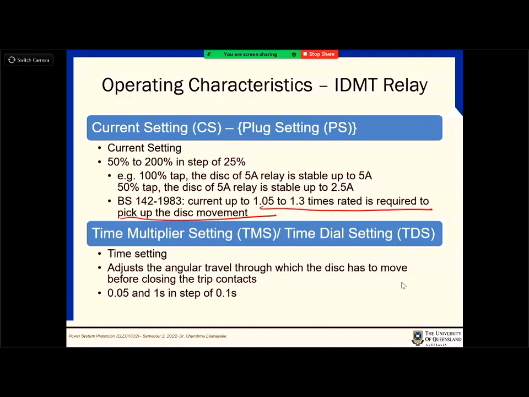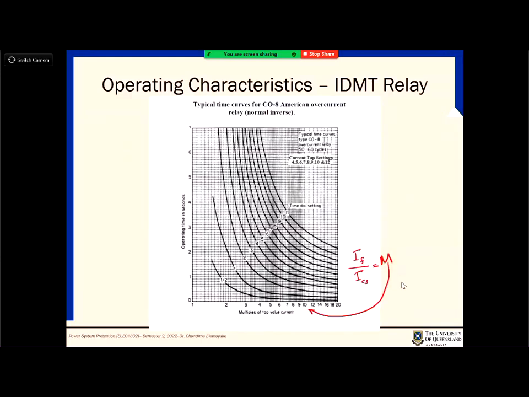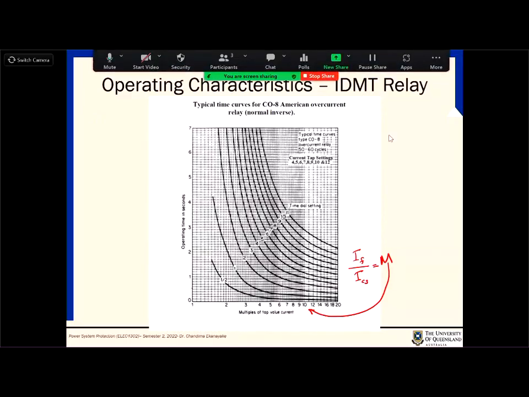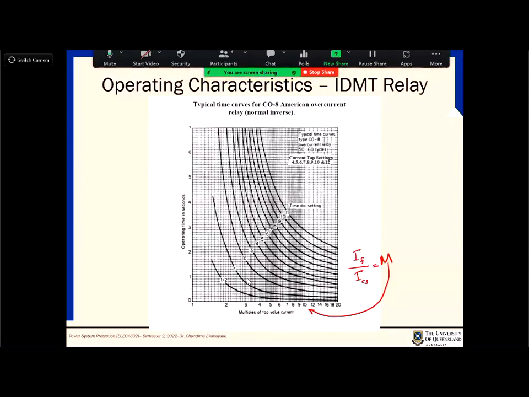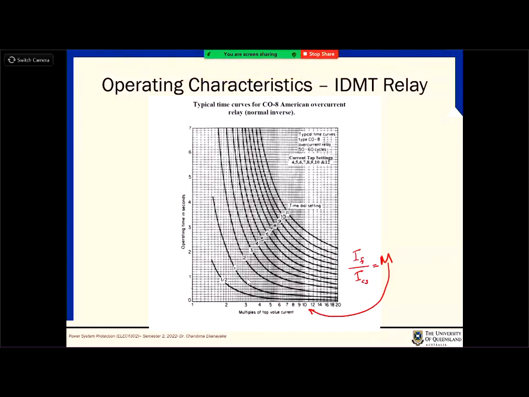And then we discussed the multiple time settings. For the same fault current, you will have different operating times, and based on all these explanations, there are operating characteristics defined for these relays. The characteristics shown here on the screen come from one of the standards.